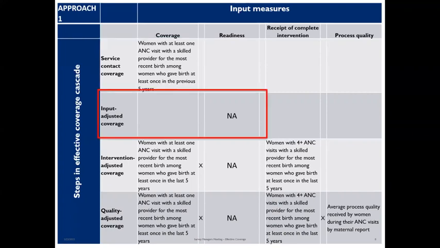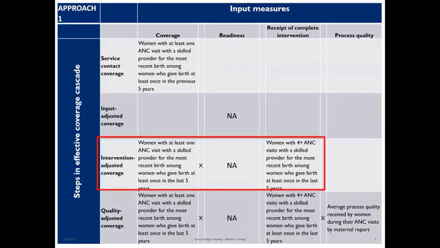Now, normally, the next step in the cascade would be input adjusted coverage. But since in approach 1 we're using only DHS data, we don't have any facility readiness data, so it's not applicable. For the next step in the cascade, intervention adjusted coverage, we use the receipt of complete intervention measure, which is receipt of at least 4 antenatal care visits.